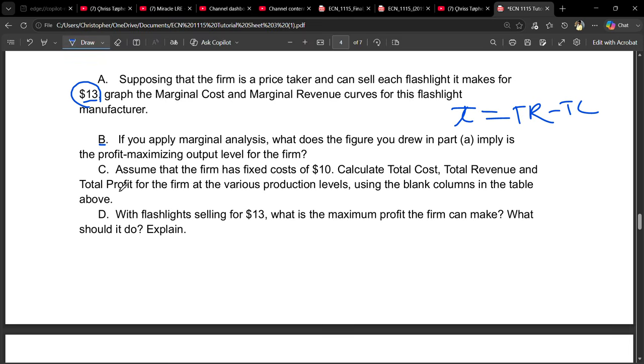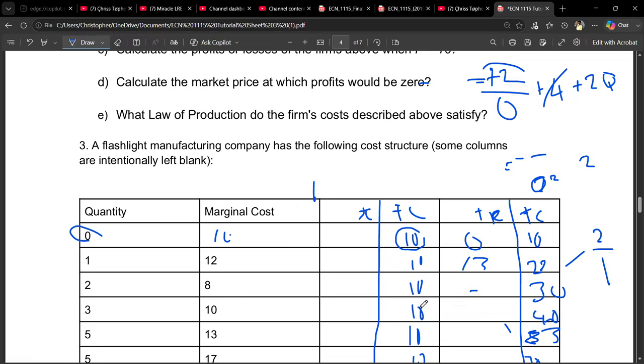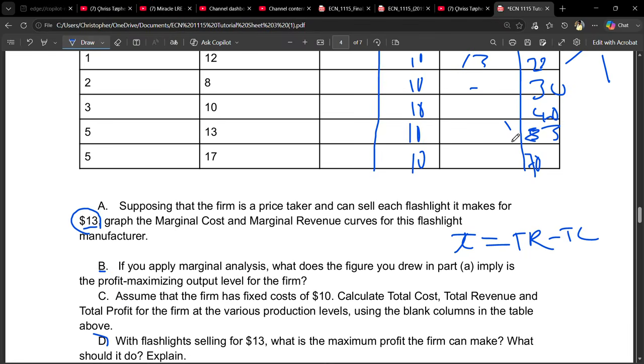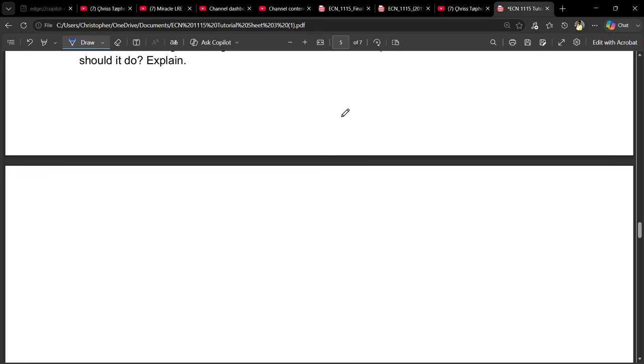Then the question says, with flashlights selling for 13, what is the maximum profit the firm can make? What should it do? Try to calculate this on your own, but the maximum profits you're going to find are at output 3, which is negative 1, and at quantity 4, which is also negative 1.